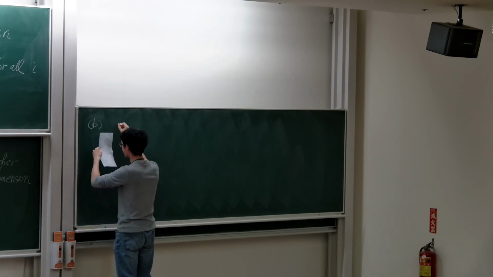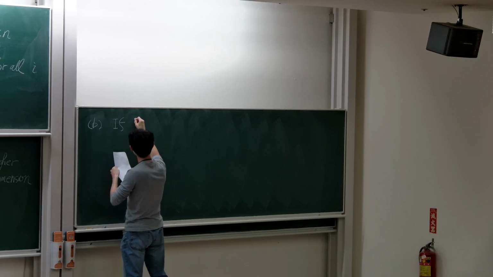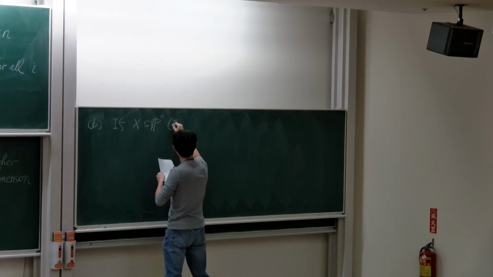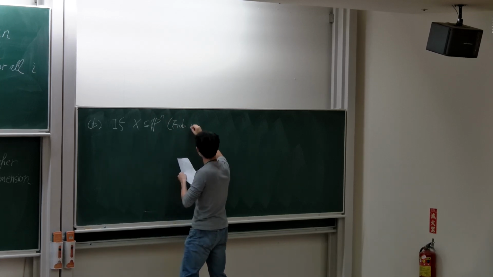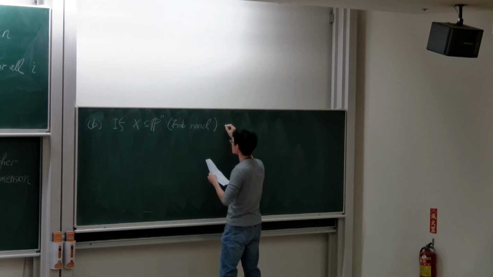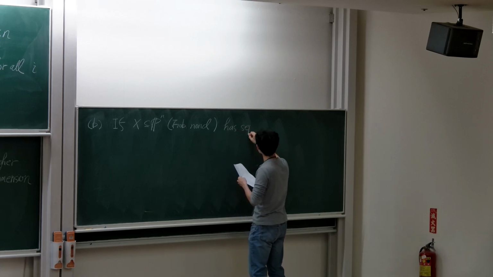The second minor result is: again, X is Frobenius non-classical, and suppose it has separated variables.